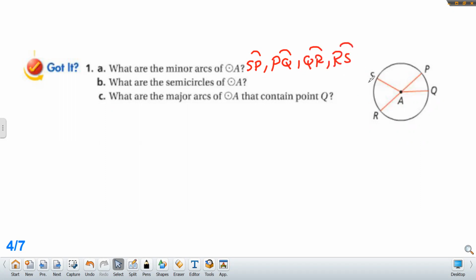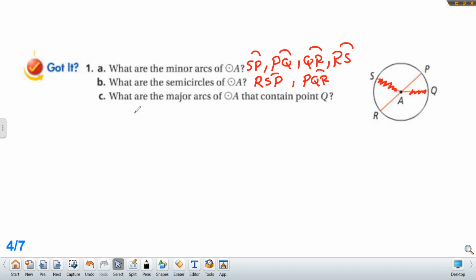RS, even minor. Semicircle: I don't have one here, he didn't divide anymore except this and that. We have R, S, B, the first semicircle, and the other semicircle, which is B, Q, R.